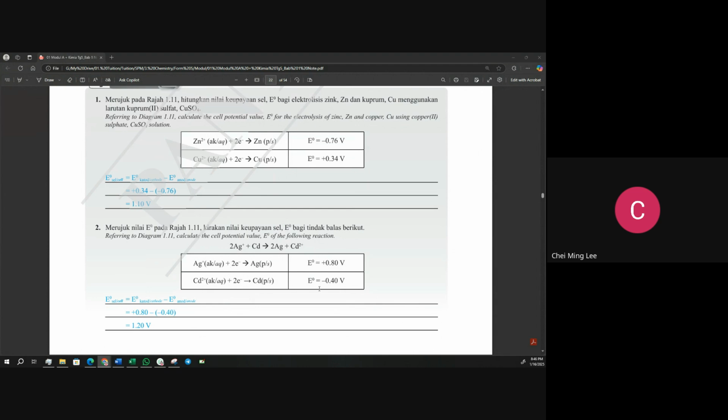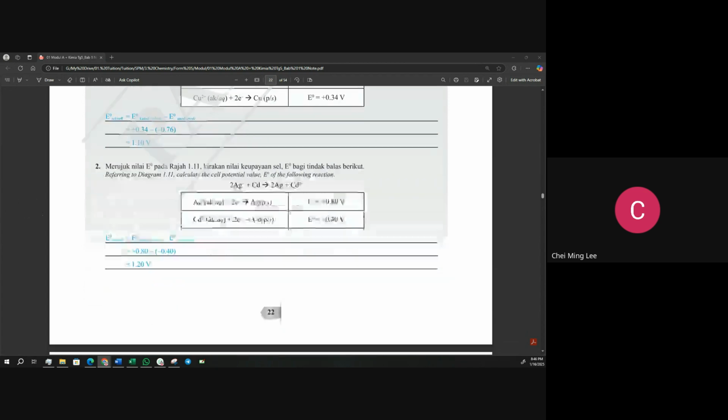We can only compare from here: negative will be the anode, positive will be the cathode. So we use 0.8 minus negative 0.4, which is 1.2 as well. Did you get it right? Dimitri, Wenhong, Justin, all correct. So let's continue.